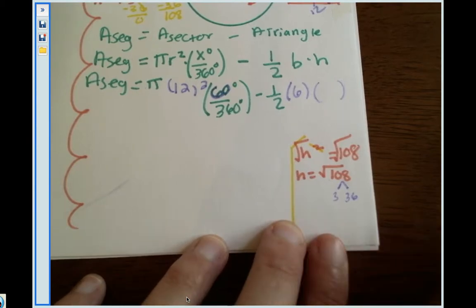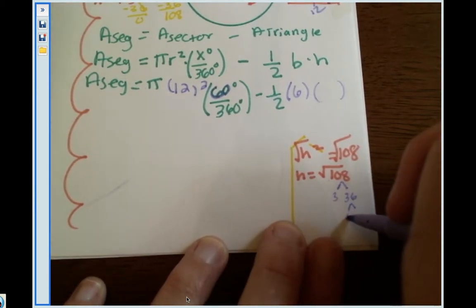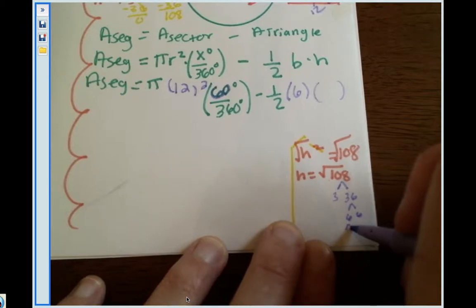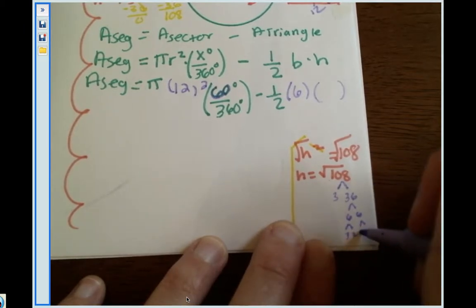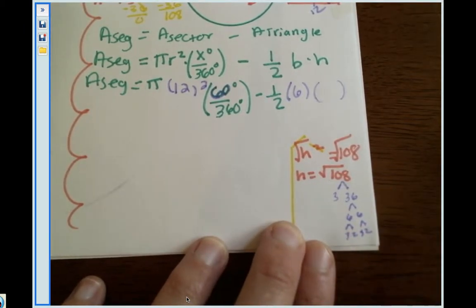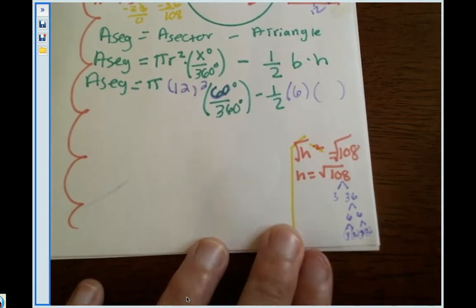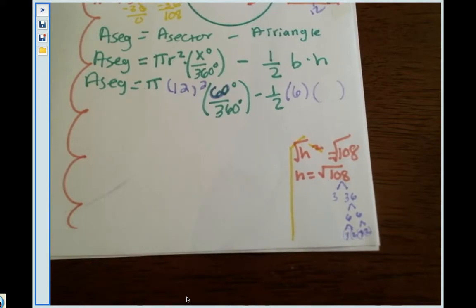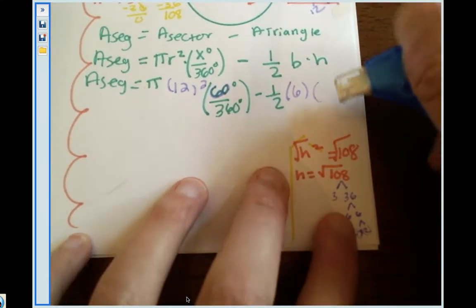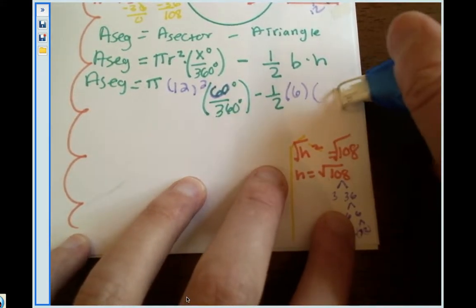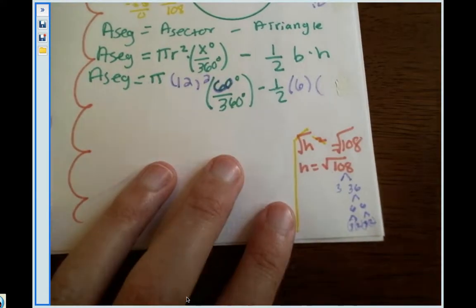Yes, 108. All right, and then 36 is 6 and 6, which is 3 and 2 and 3 and 2. So I have a pair of 3s right here and a pair of 2s. So a 3 and a 2 will hop outside this bad boy. So I'm going to write this in my height spot because again, I don't really have a lot of space.